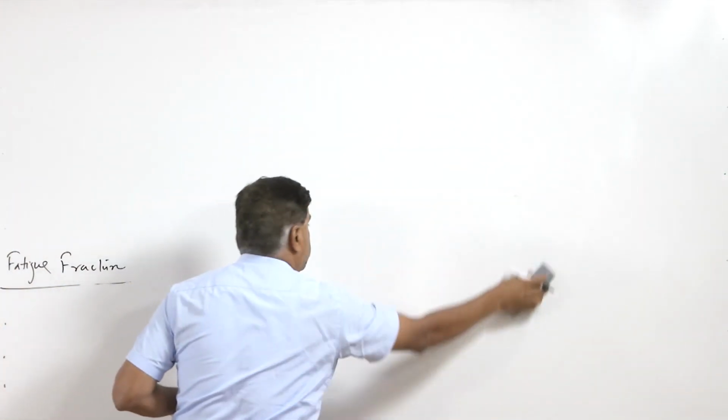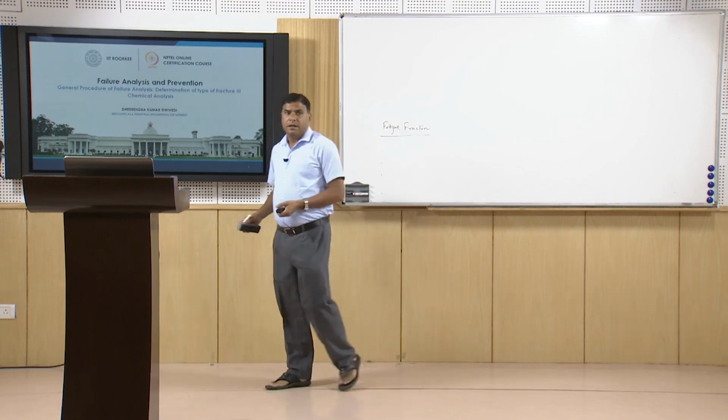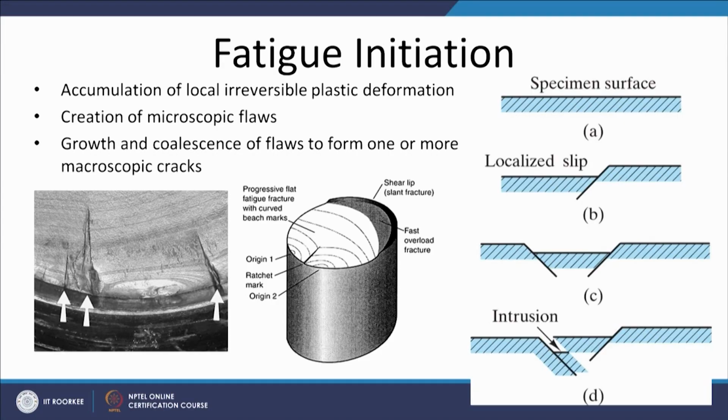So now these things will be shown with the help of certain micrographs. Now, this is the diagram which is showing that even when the component is very smooth, under localized slip conditions there will be creation of ups and downs at the surface.